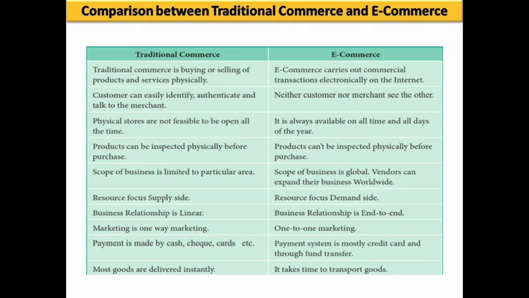In traditional commerce, resources focus on the supply side, whereas in e-commerce, resources focus on the demand side. Traditional commerce provides the facility for inspecting the items before purchase, but e-commerce does not provide the facility of inspecting the products before purchasing. These comparisons may also be asked as a 5-mark question.